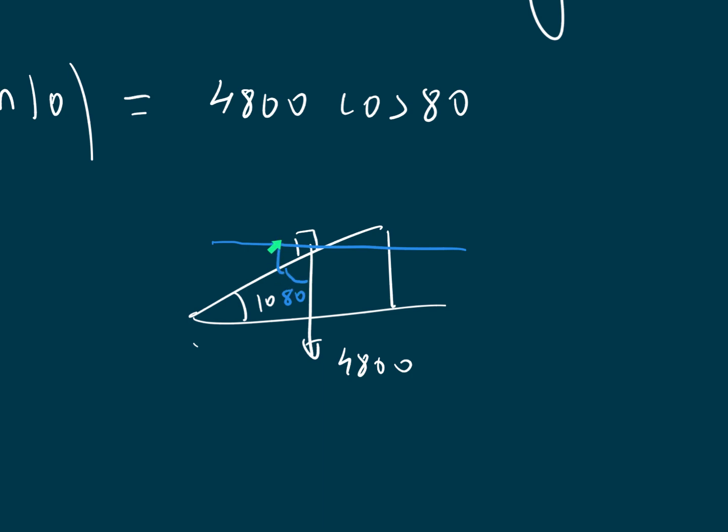So it's clear that 4,800 multiplied by cosine of 80 will project this vector into the S direction.